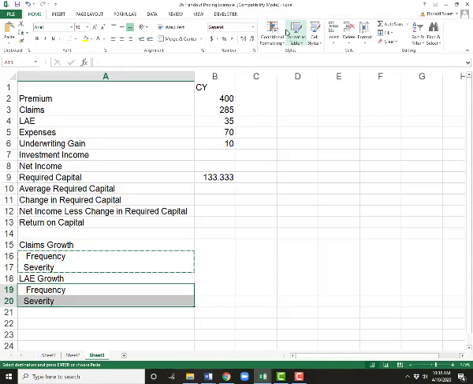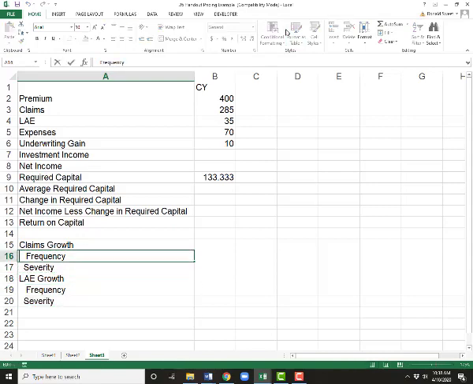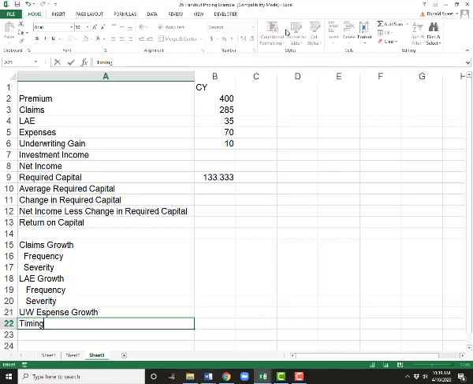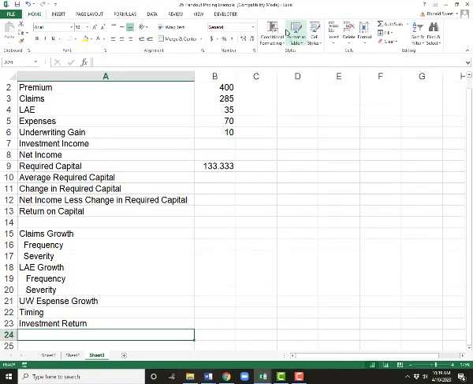So hopefully if you didn't set it up like this, you might pause this video and go set it up like this so you have all the pieces. You have underwriting expense growth. The timing on all of them is the same, so I'm just going to do that once. They're all 0.5. You have your investment return, and you have your required return on capital.